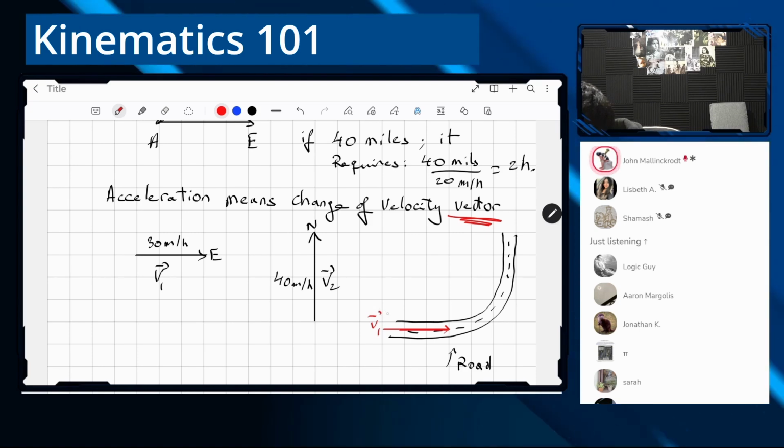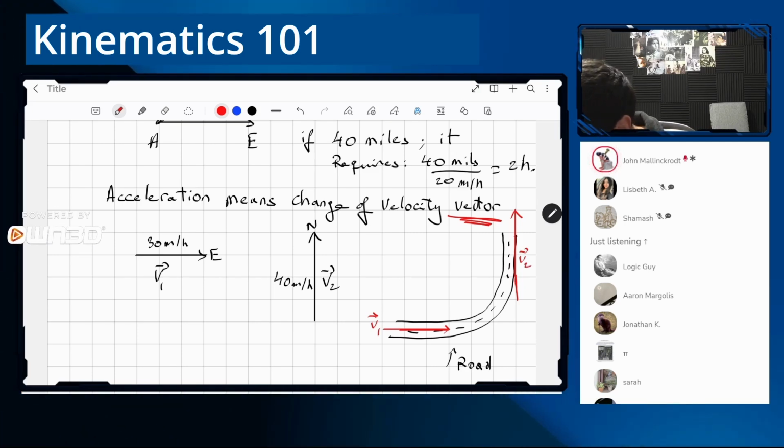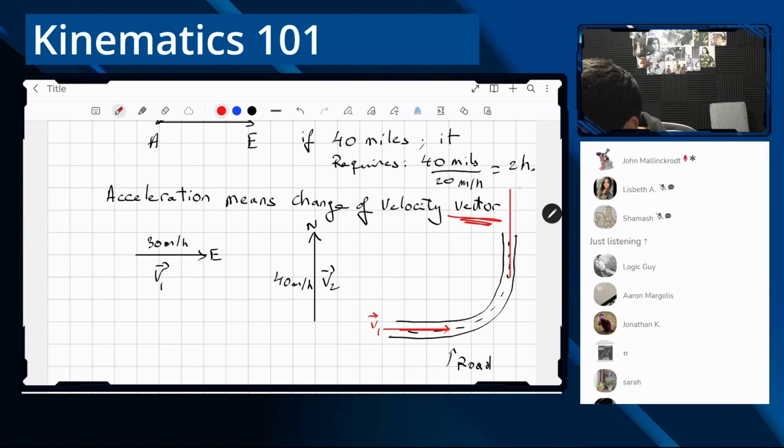So your car starts out traveling 30 miles per hour east, and it ends up traveling 40 miles per hour north. Now, what is the acceleration? Well, acceleration is defined as the change in velocity divided by the elapsed time. So you might write that down.